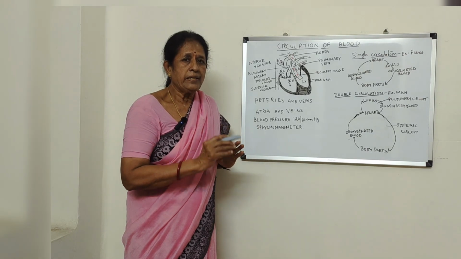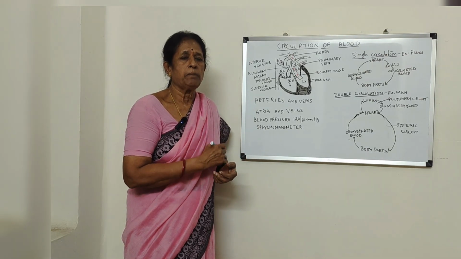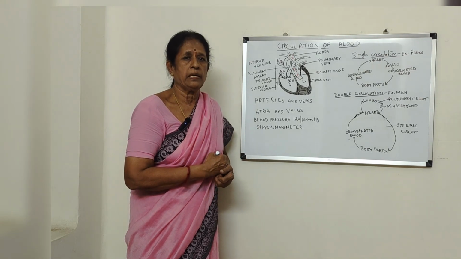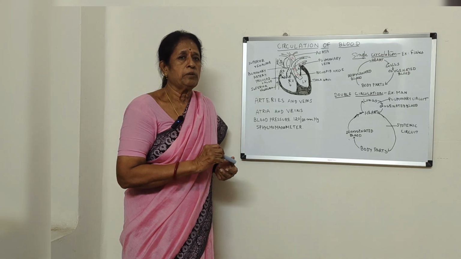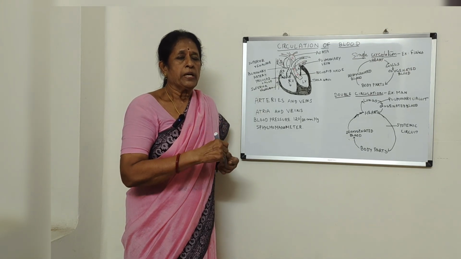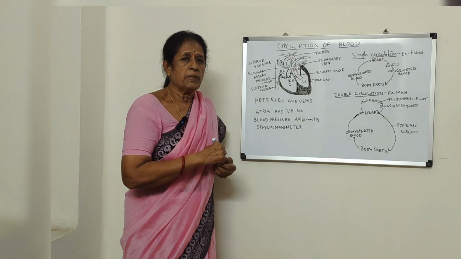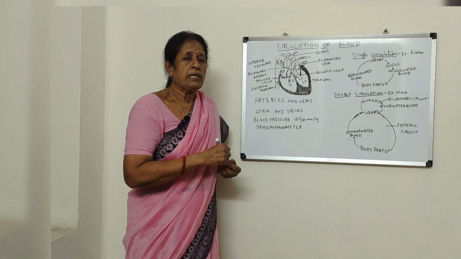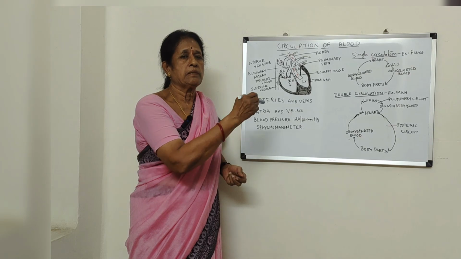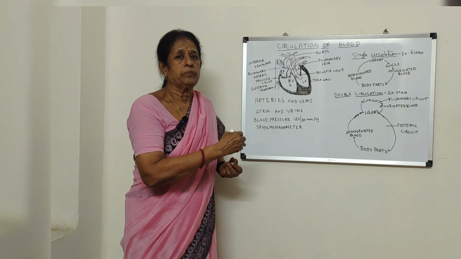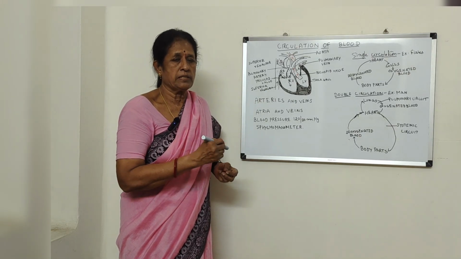So arteries end with capillaries, supplying blood to all the cells in the body. Hemoglobin present in the RBC carries oxygen, and the small intestine, that means the villi, are richly supplied with the blood vessels. The blood carries nutrients to the cells.